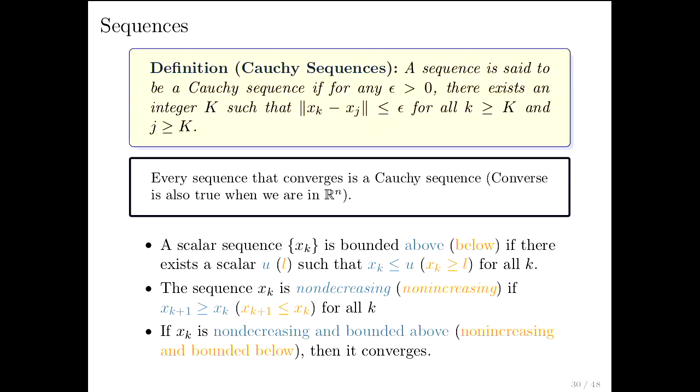We can have different definitions for scalar sequences xk. We call it bounded above or similarly bounded below if we can find an upper bound or a lower bound such that everything is less than that upper bound or everything is larger than the lower bound. Again, it's a very intuitive definition.